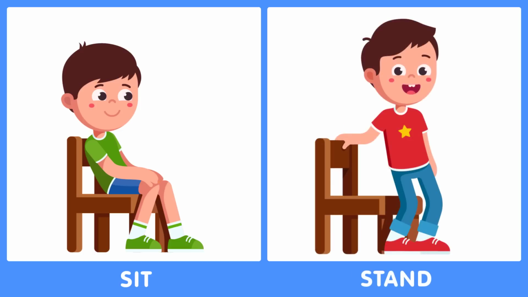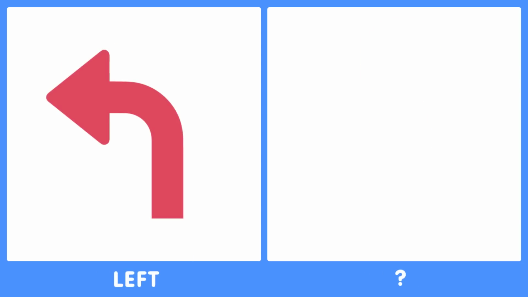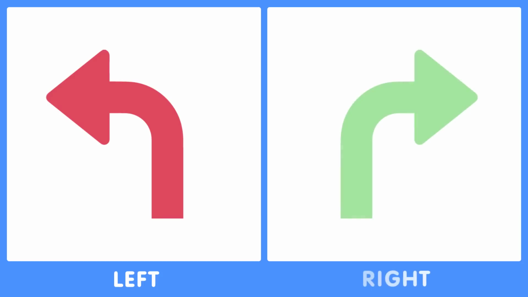The opposite of sit is stand. The next word is left. The opposite of left is right.